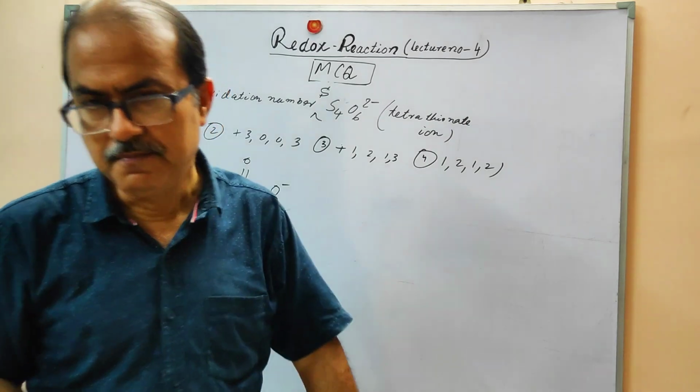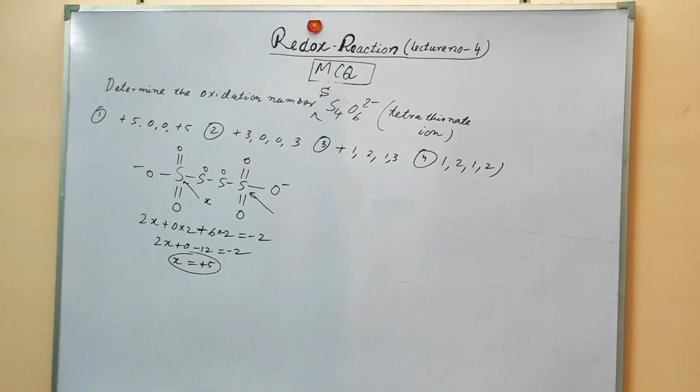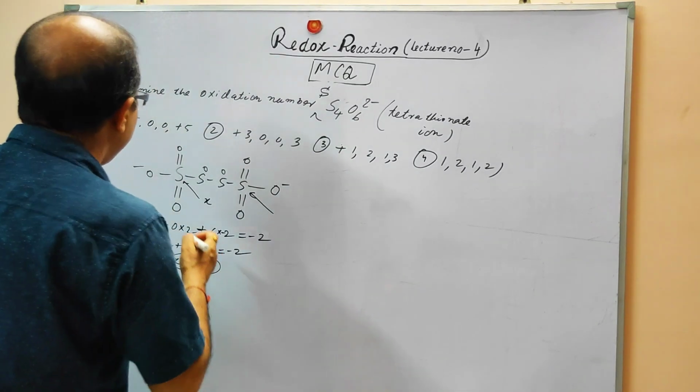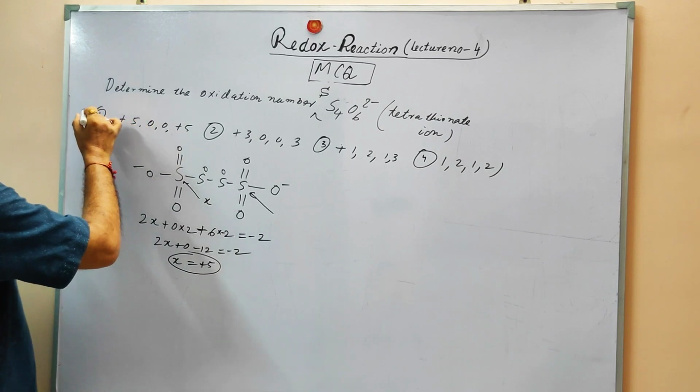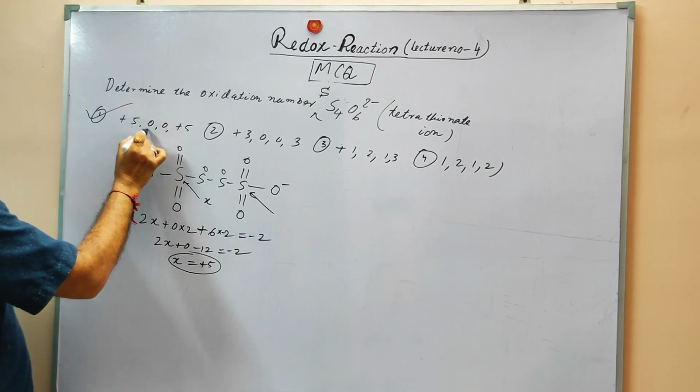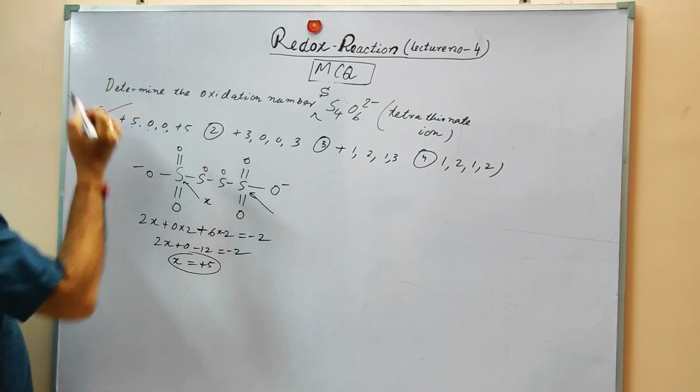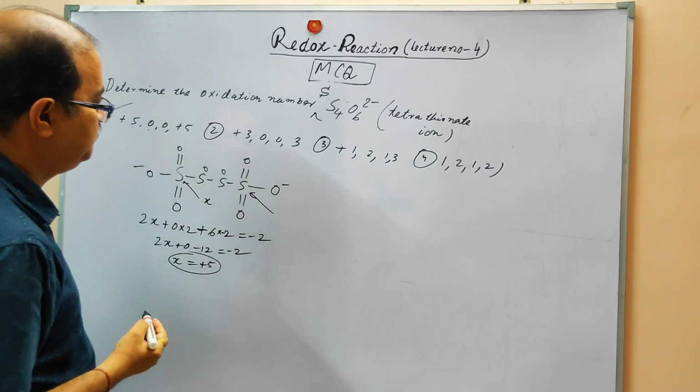So x will be +5. So in this case, what will be the answer? The answer will be +5, 0, 0, +5. This will be the answer.